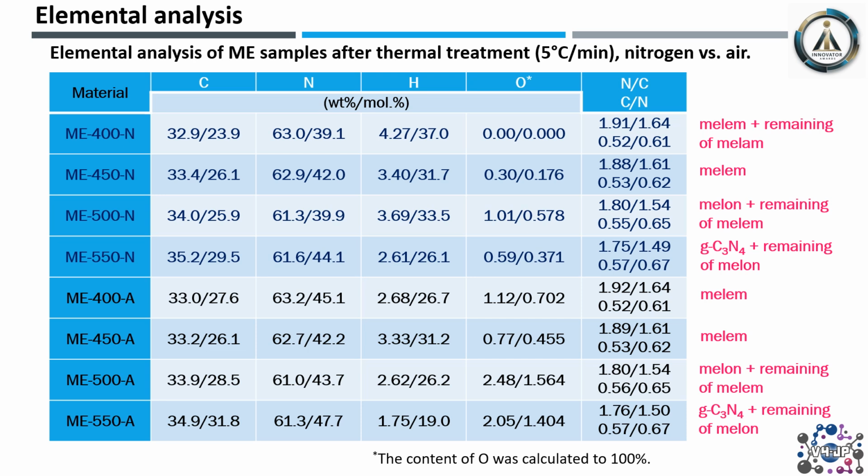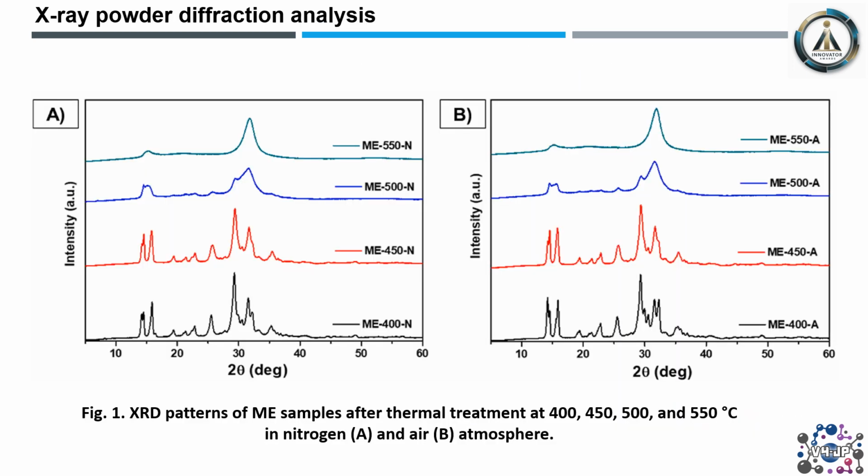And upon annealing melamine at 550 degrees, the graphitic carbon nitride structure predominated with remaining melem content.